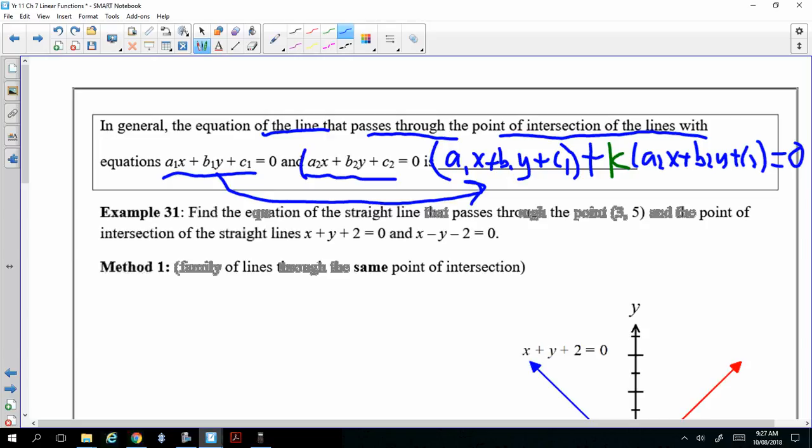And then I combine them, right? I combine the two equations to generate the family of lines through the same point of intersection. Get it? I use the first part, use the second part, put them together. All right, good. And we're going to do this question.